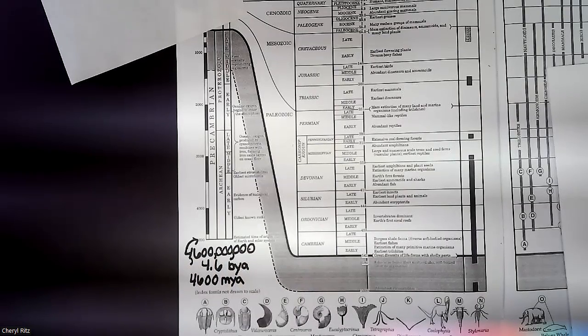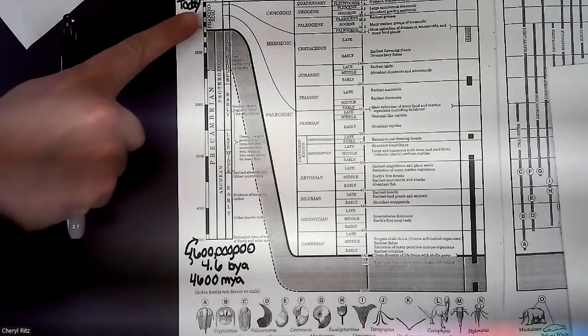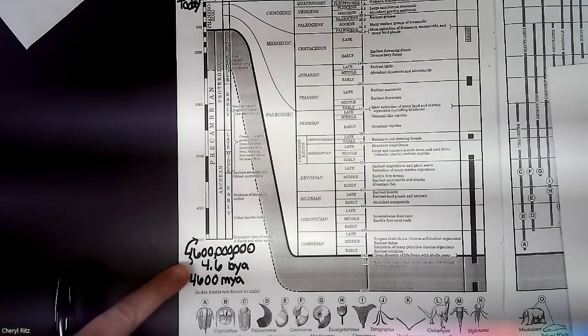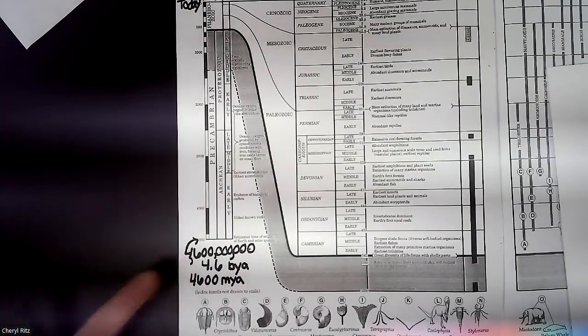So this reference table is just a timeline that starts at 0 million years ago and goes down to 4,600,000,000 years. So we're not talking about just a couple of years here, or even 100 years. We're talking about 4,600,000,000 years worth of information.